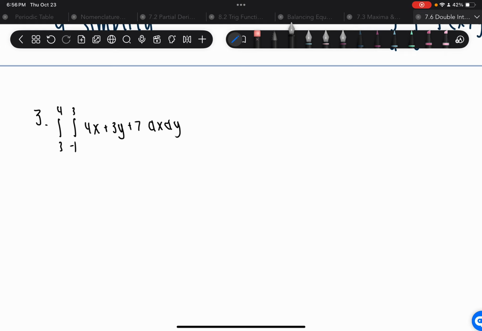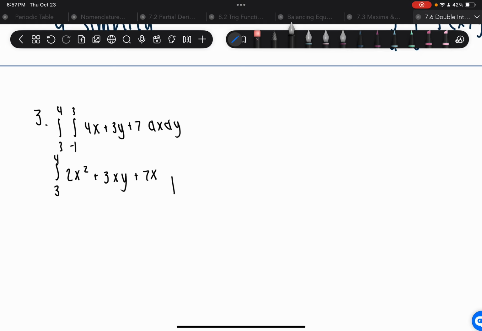So from 3 to 4, I have 2x squared plus 3xy plus 7x. So that is the integration.